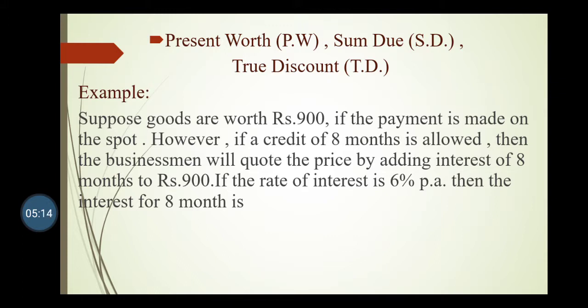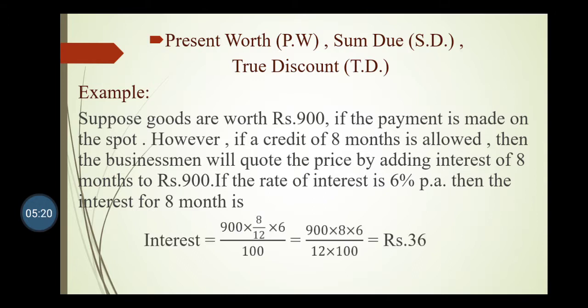If the rate of interest is 6% per annum, then the interest for 8 months is equal to 900 into 8 upon 12 into 6 upon 100, which is equal to rupees 36.